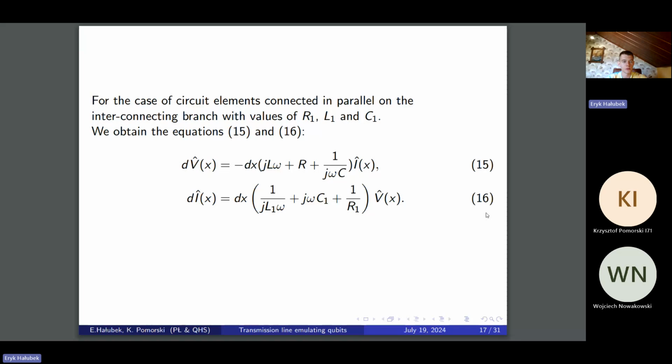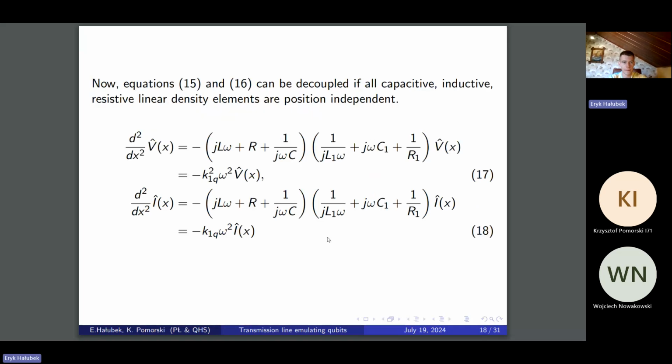For the case of circuit elements connected in parallel, we obtain the following equations. Now these equations could be decoupled if all capacitive, inductive, and resistive linear density elements are position independent.